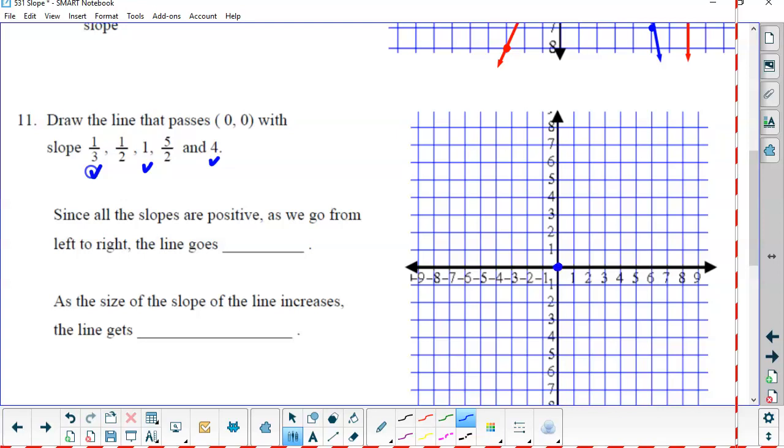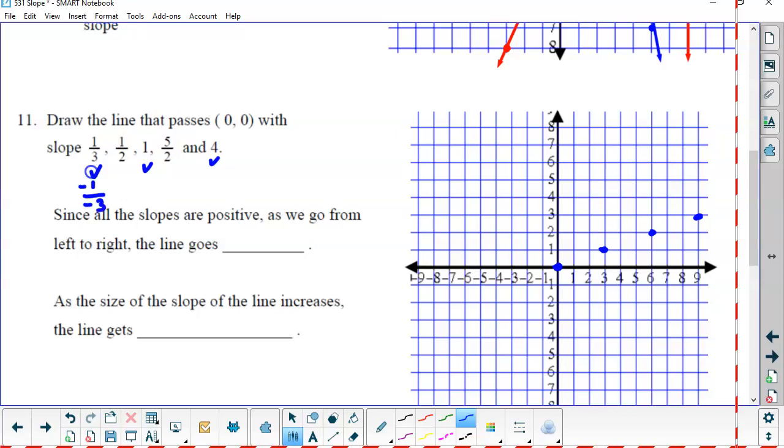So it goes through 0, 0. You have to have a point. Slope 1/3: up 1 to the right 3. Notice how, if I'm using the positives, I only get points to the right. So I could also show that as -1 over -3.